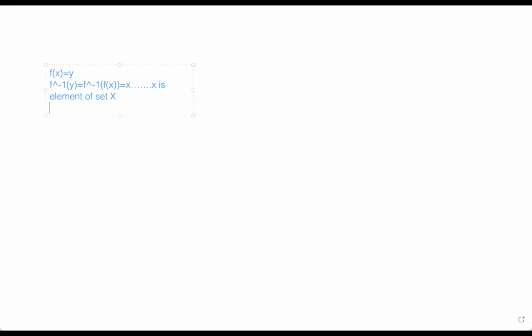Now what we want is f composite f inverse. Now you tell me what this f inverse will be. One more statement I forgot to write.